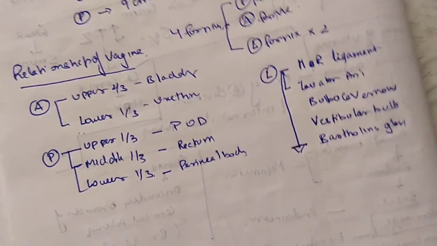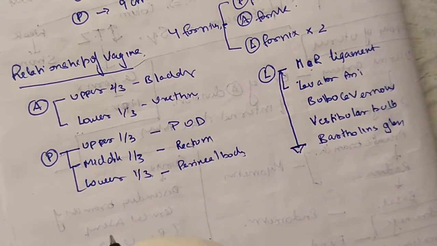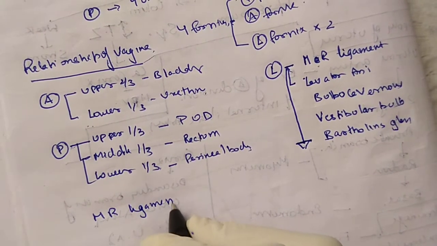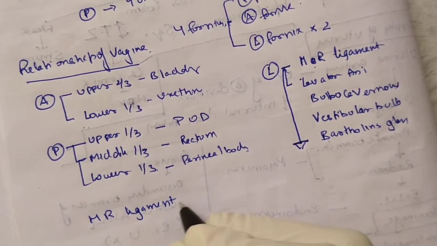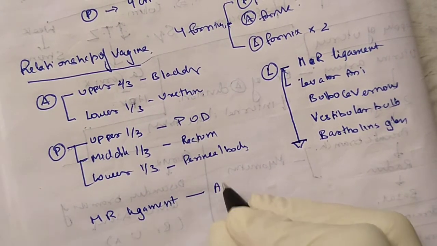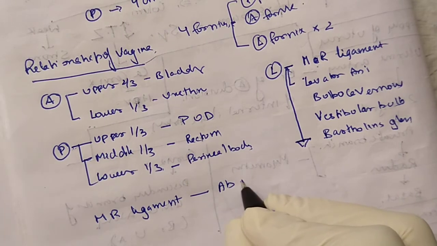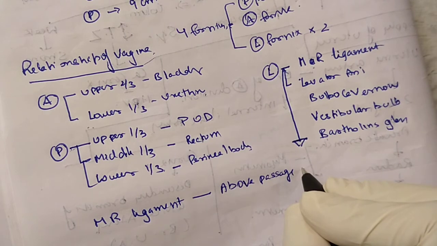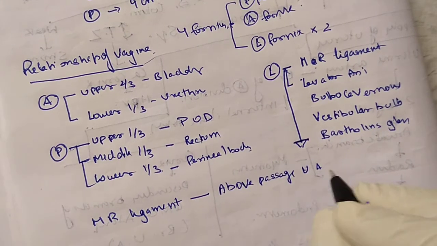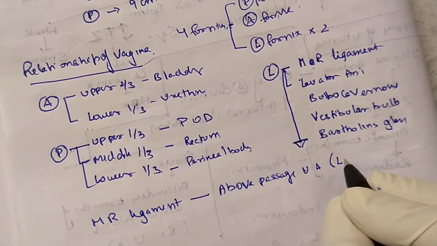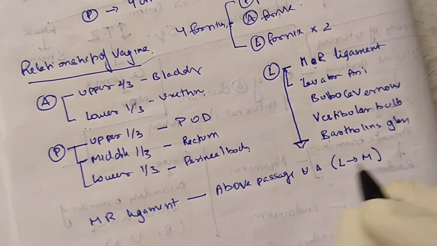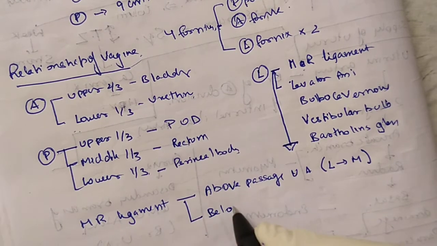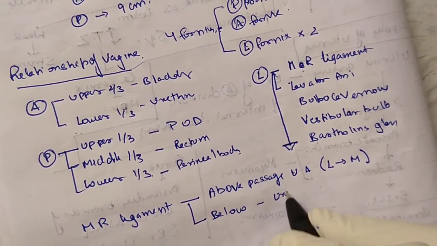So we'll talk about what Mackenrodt's ligament is. Above it there is the passage of the uterine artery from lateral to medial. Below we have the ureter.